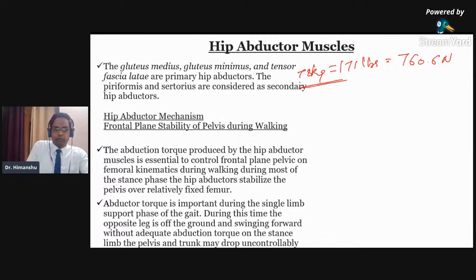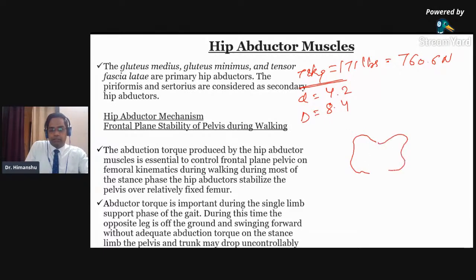So if this is my weight and I consider the internal moment arm, small d, to be somewhere around 4.2, and double of it, the external moment arm, to be 8.4, and suppose the hip joint is something like this. Suppose this is the pelvis, this is the hip joint here.